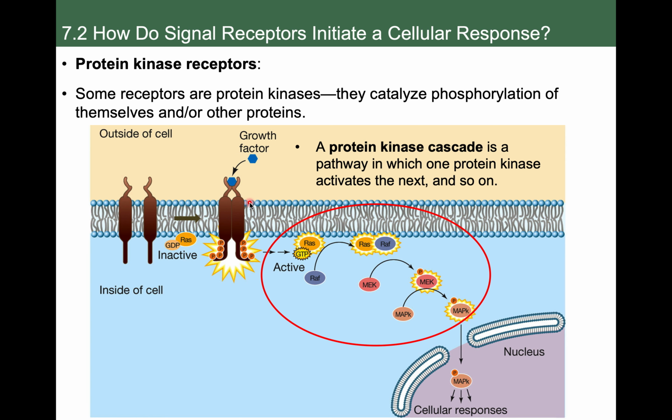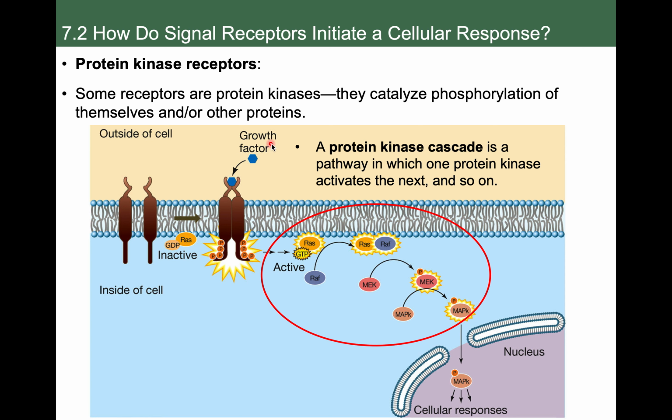Once activated, it can then begin to add phosphate groups to other molecules inside the cell. And what you see in this example is the protein kinase receptors, when they're inactive, they usually exist in two pieces, and the ligand, the signaling molecule, would bind to both pieces and bring them together, thereby activating that receptor.